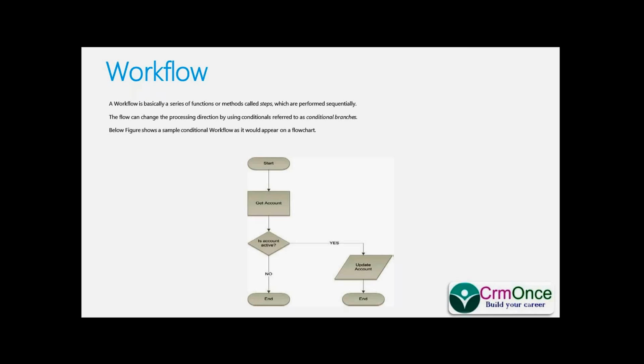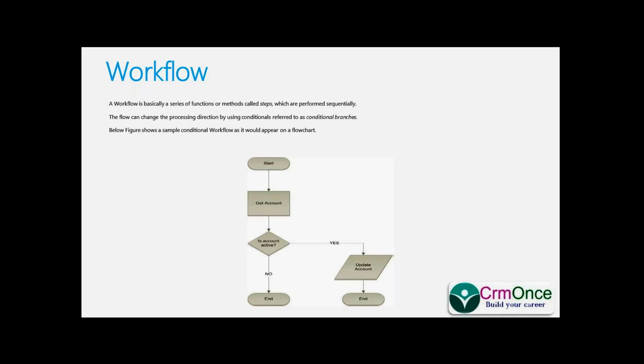The flow can change the processing direction using conditions, referred to as conditional branches. The flow can be changed based upon if conditions.